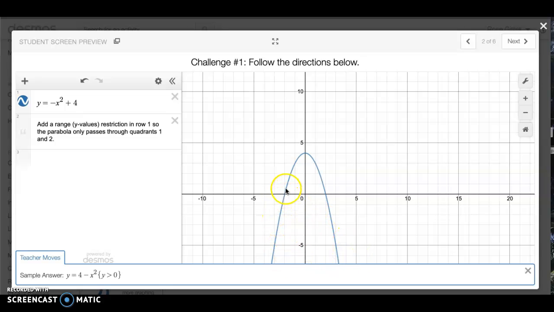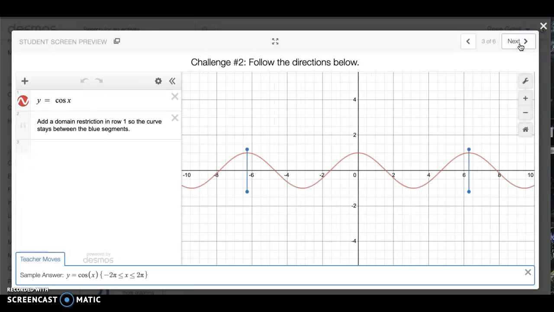So I only want to graph the function where the y value is greater than 0, or the function is above 0. Okay, so y is greater than 0. I did it. Now the function only passes through quadrants 1 and 2.